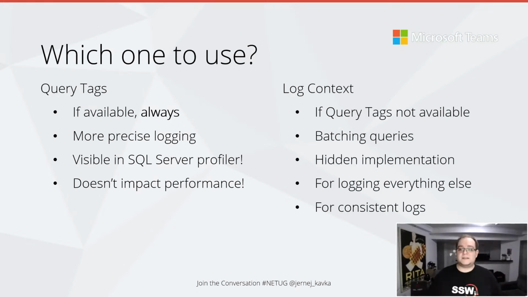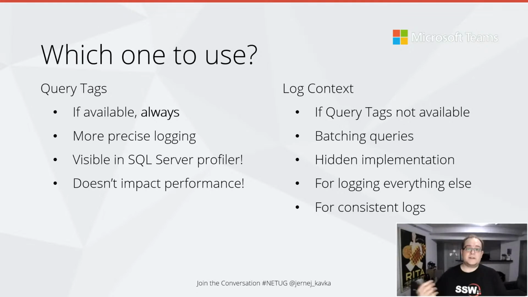And for log context, if query tags are not supported, use this so that you can at least know what's happening. When you're batching queries and you want to know which ones are batched together, remember you can actually have multiple log contexts with different property names, so you're not limited to just one.